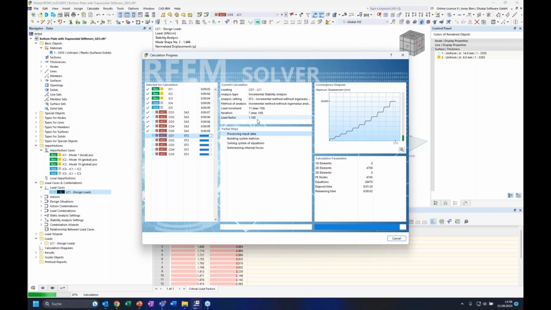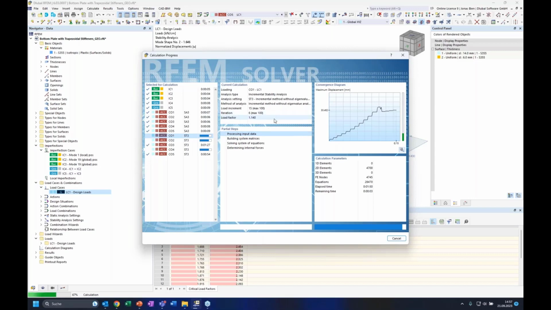So now we are for combination 1 at a load factor of 1.2, and now it should fail convergence. We see that it takes a step back to the last converged solution, which was at load factor 1.1, and now it divides the load increment into smaller steps and tries to narrow down the point of divergence.